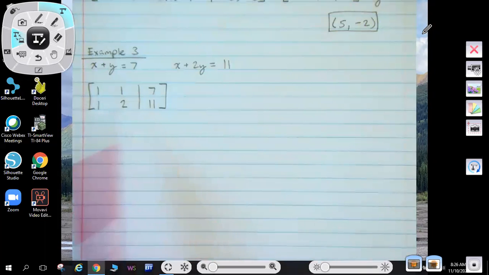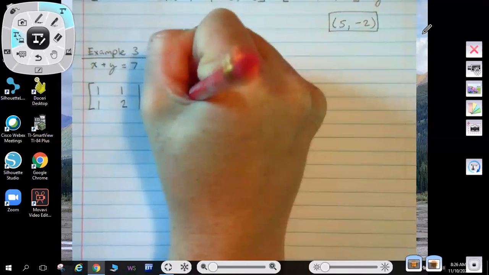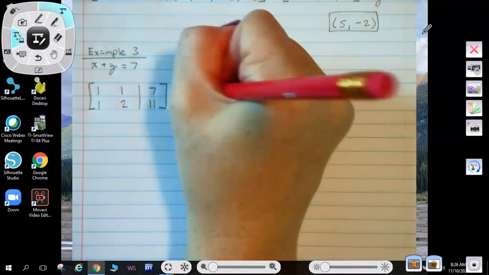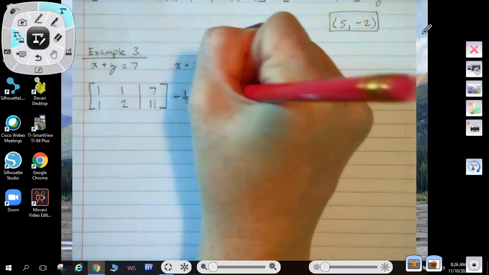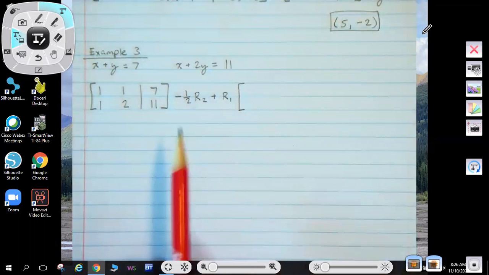And then to get from 2 to 1 by multiplying by a number, we would have to multiply by 1/2. So we'll multiply by -1/2. So -1/2 times row 2, and then add it to row 1. That's what we're going to do.